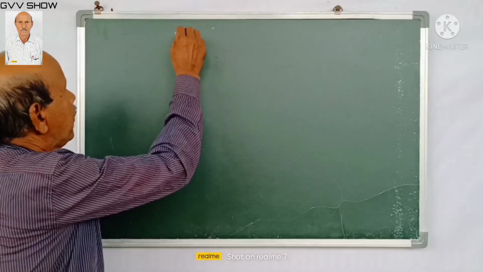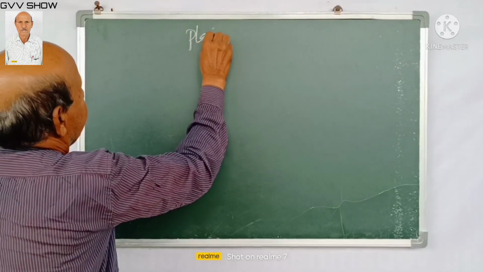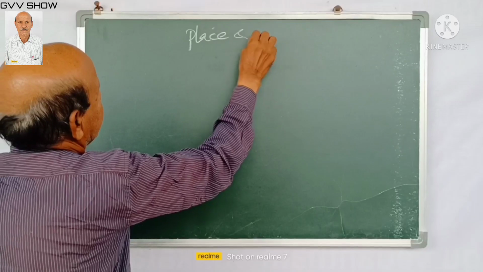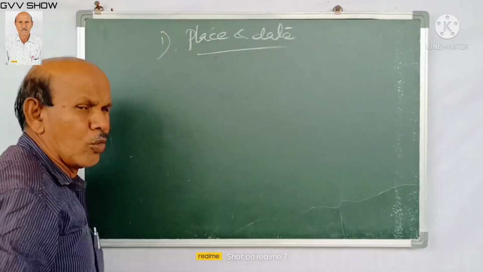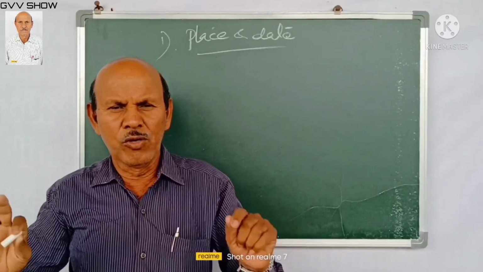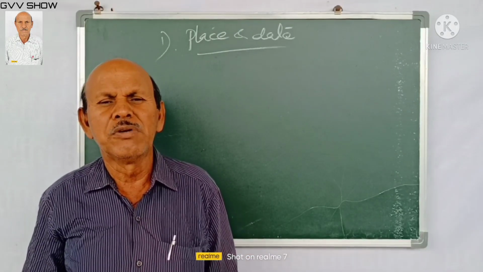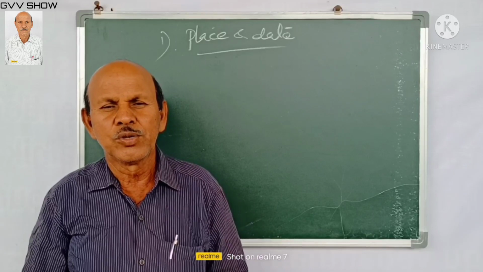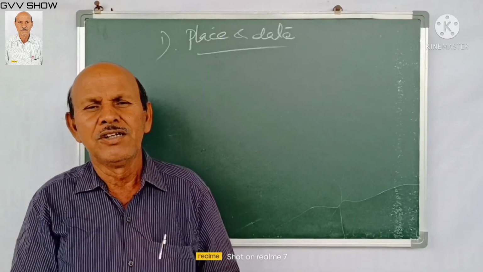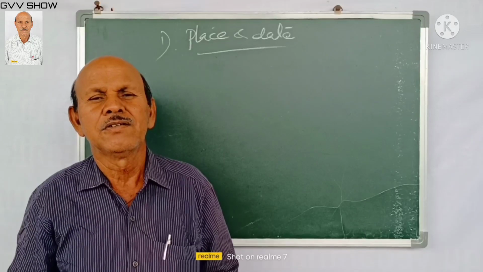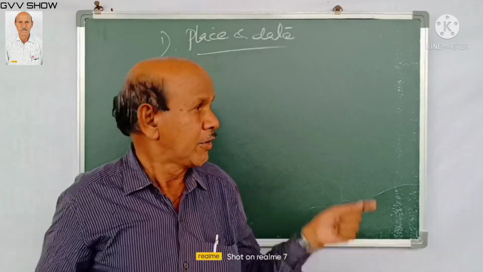So place and date. You should always know, when you are going to write a letter, you must write place and date. Then the person to whom you write understands that you are writing from that place at that time. So it is important.